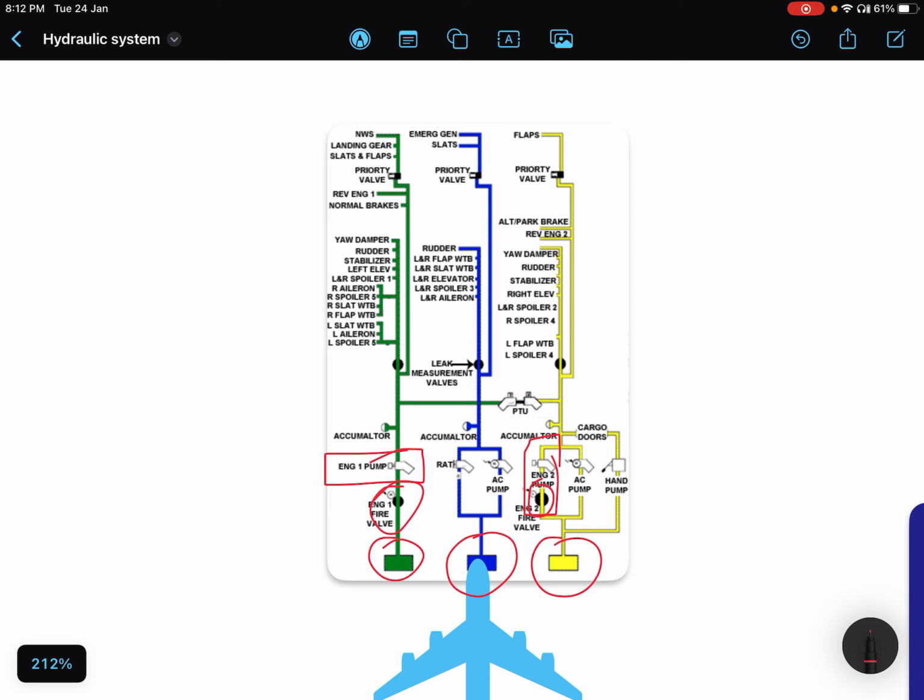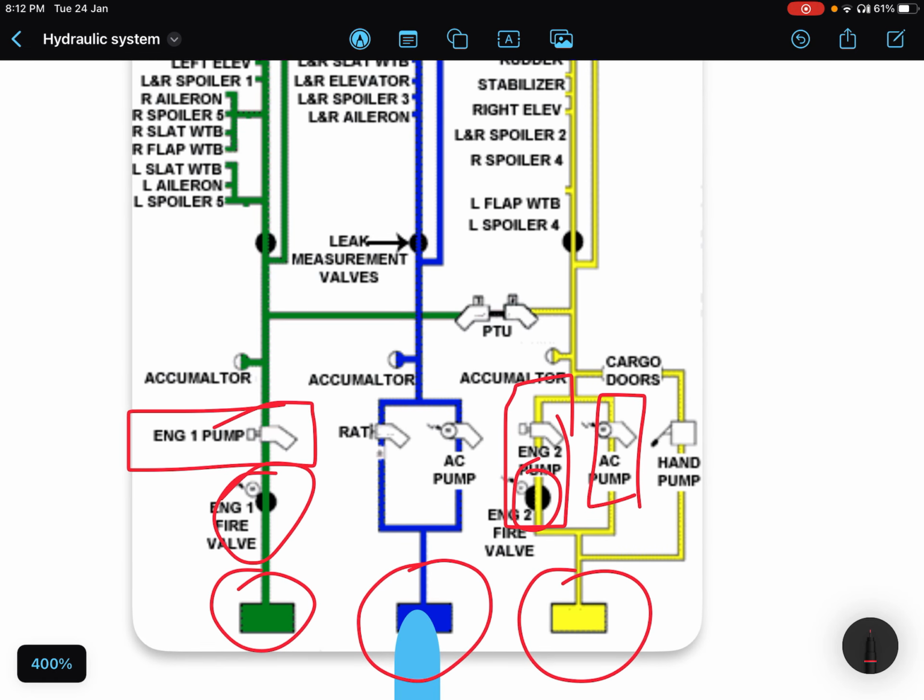Then specifically for the yellow system we have an electric pump also, and a hand pump for cargo door operations. This electric pump is independent of engine status. Whether the engine is running or not doesn't matter, but if we have AC supply in the aircraft, we can use the electric pump of the yellow system, correct?